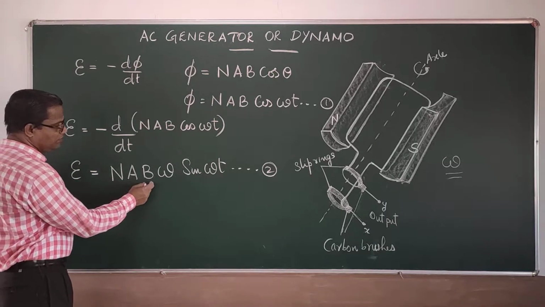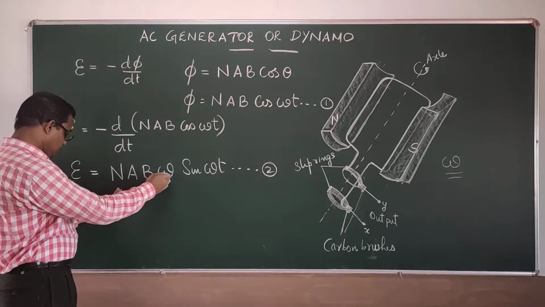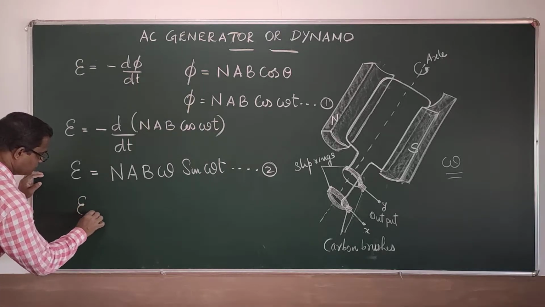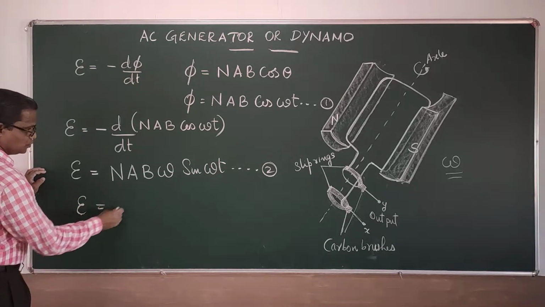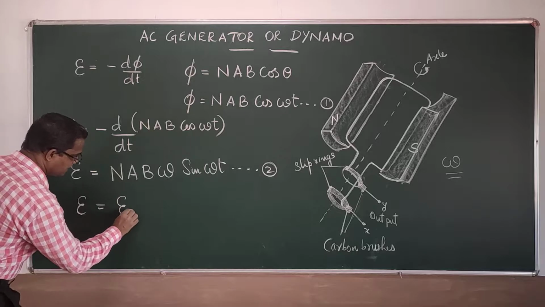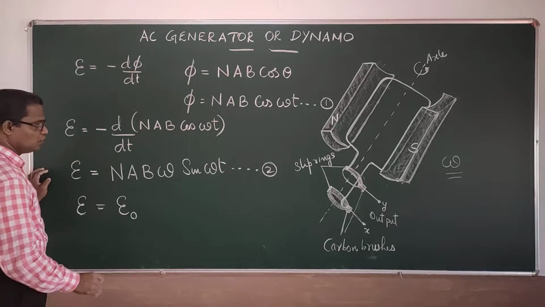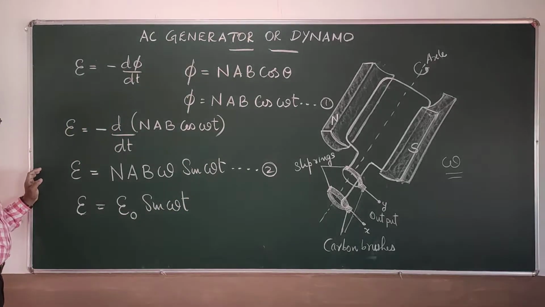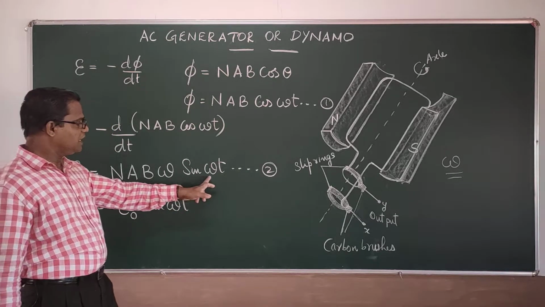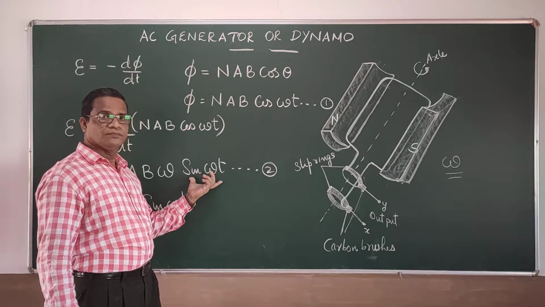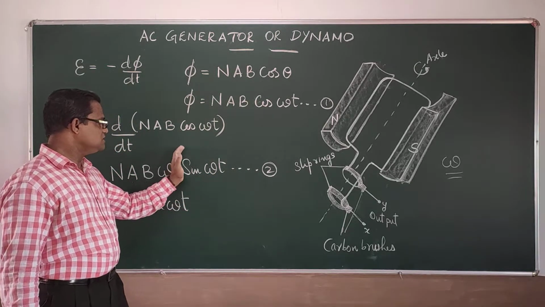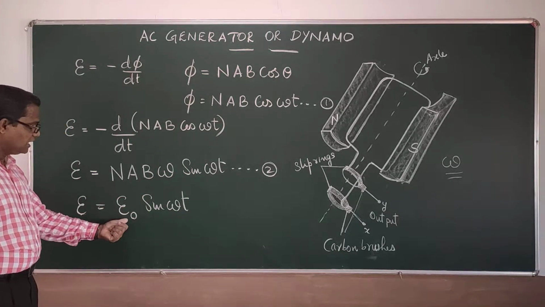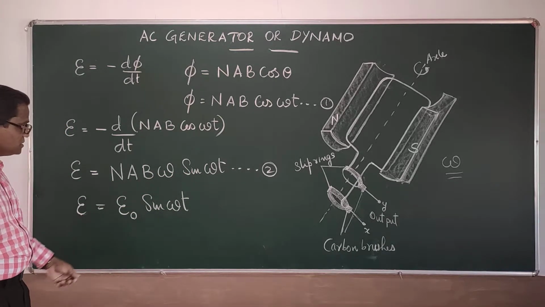Now NAB omega are all constants. I can write the equation as E equal to E0 sin omega t. When sin omega t is 1, you get the maximum value, and that maximum value is taken to be E0.